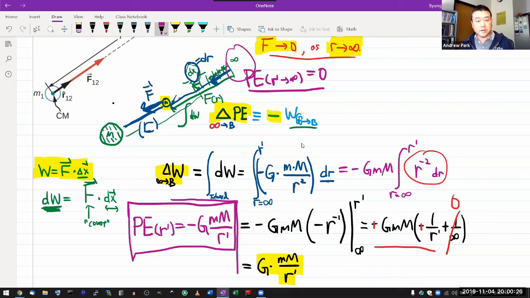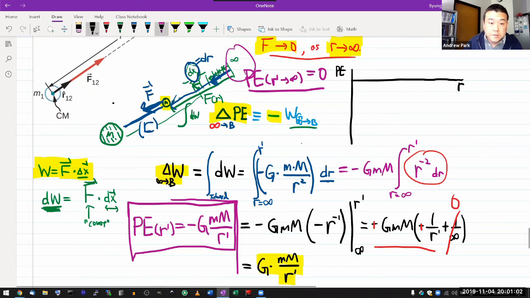And this is the formula that we use elsewhere without derivation. Hopefully this makes intuitive sense. When you plot it, this is what it looks like: potential energy as a function of distance r. At very far away distance r, it's going to be 0. And as you come in closer and closer, it becomes more and more negative. So the plot of the potential energy looks like this, where it eventually approaches negative infinity as r goes to 0.